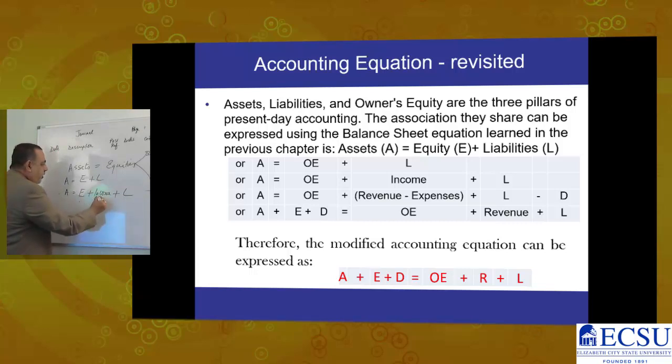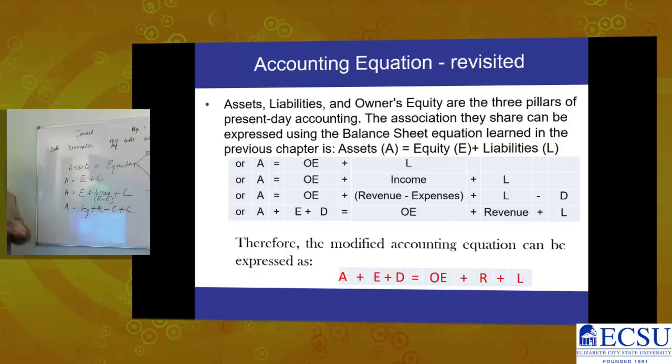Income is revenue minus expense. So as the business grows, the company will be earning income. So therefore, your new accounting equation will be asset equal to equity plus revenue minus expense plus the liability. Now that is going to be the accounting equation.